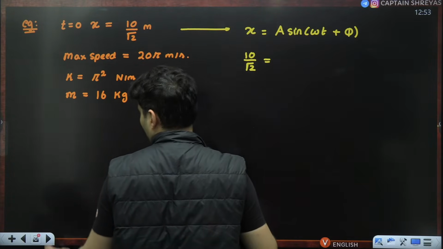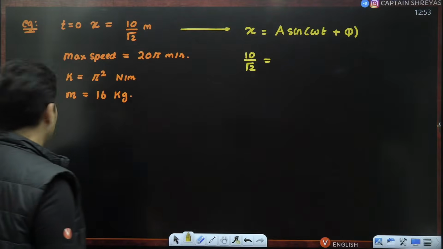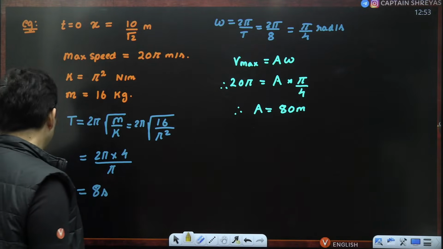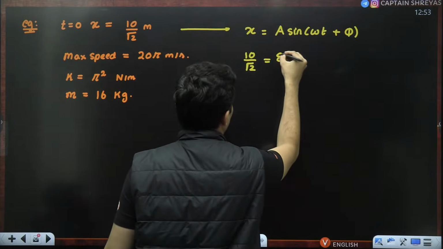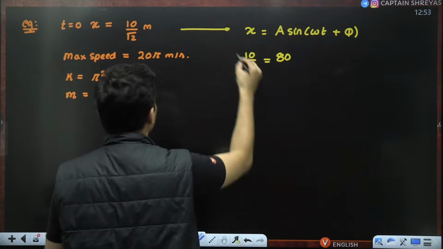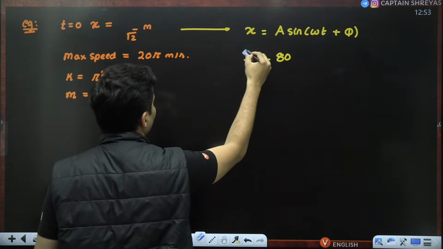Amplitude, what is the amplitude? Amplitude is 80. Actually, I had to give this as 80 by root 2, my bad.